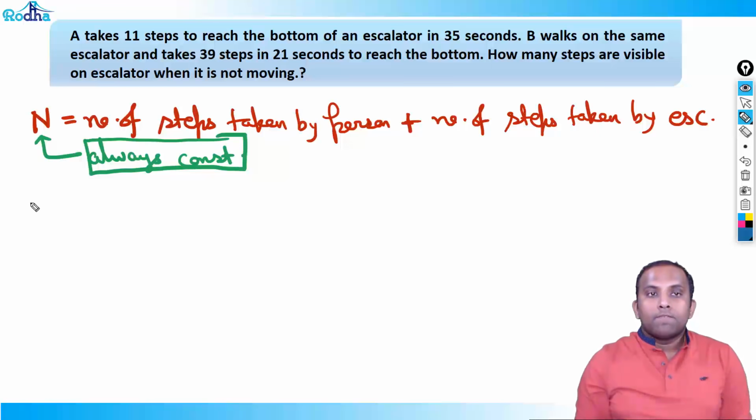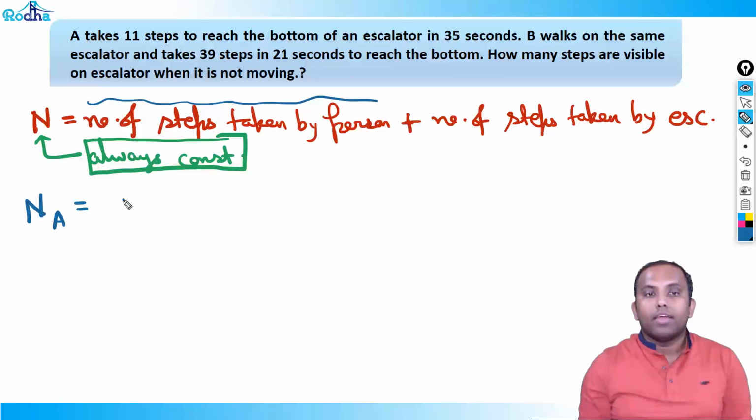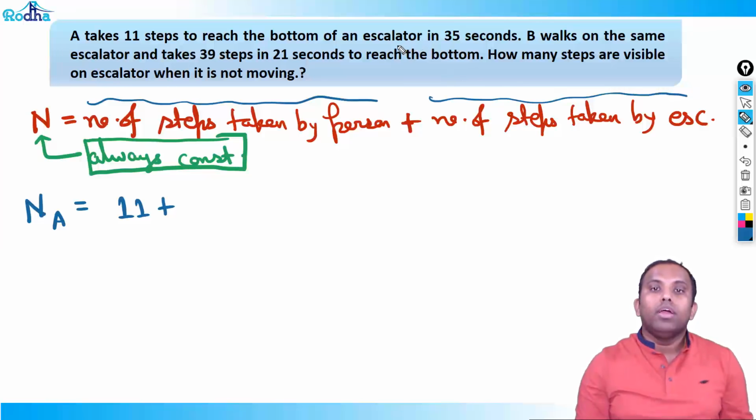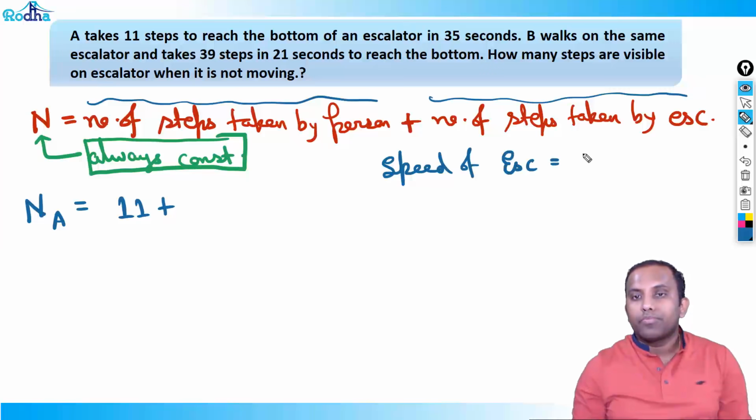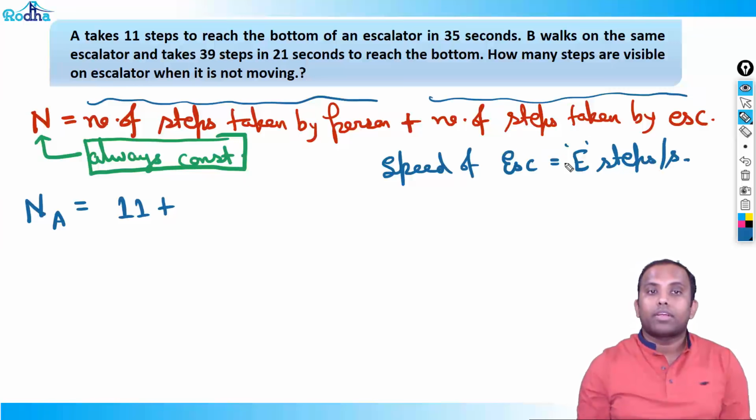See, in the first case, what is N here? A takes 11 steps to reach the bottom of the escalator in 35 seconds. So the number of steps taken by the person is 11, plus the number of steps taken by the escalator. I know the escalator traveled for 35 seconds, but I don't know the number of steps it took. So let's say the speed of the escalator is E steps per second.